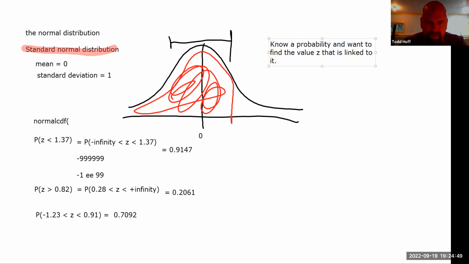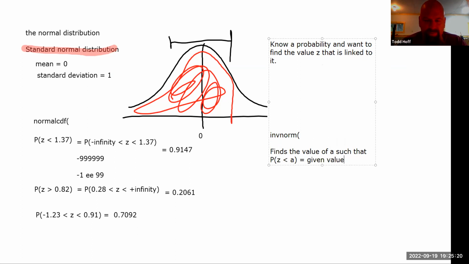It's called inverse normal on the calculator. What it finds is the value of A such that the probability that Z is less than A equals the given value. That's a better way of putting it.